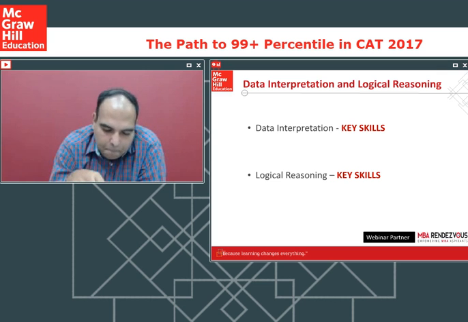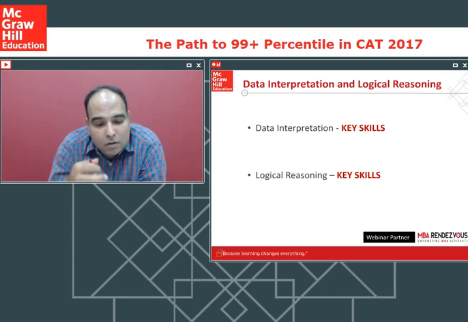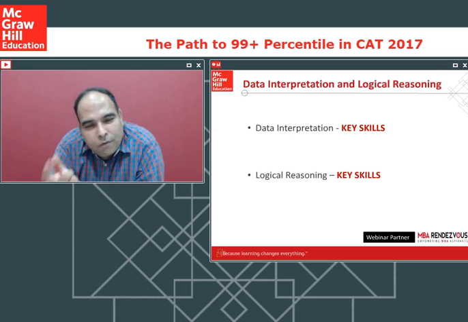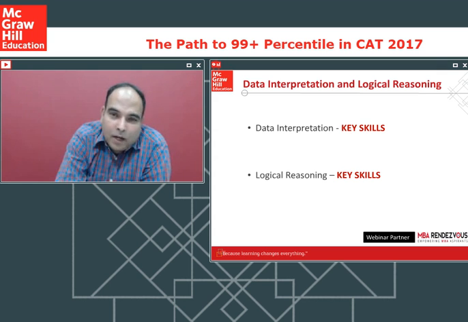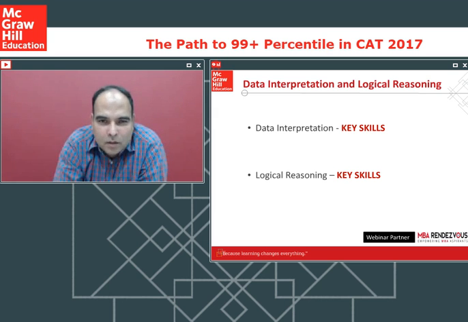For example, permutation combination, one topic a lot of people are intimidated by. The turnaround time, if you're taught correctly, is not more than 15 hours: 4 to 6 hours of understanding theory, and maybe 8 to 10 hours of your own practice, and you will be able to solve any question of the CAT in the last 20 years.